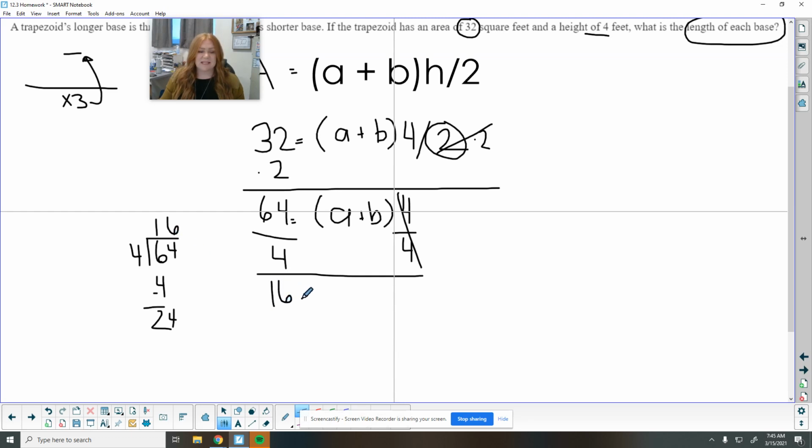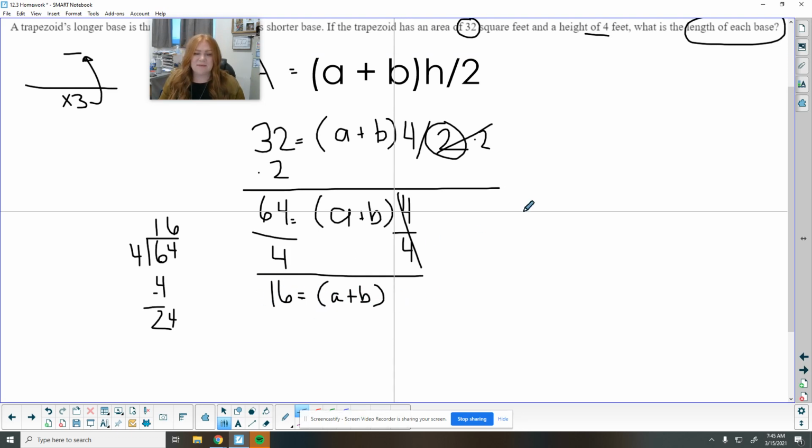So here we've got 16 equals A plus B. We know when we add A and B together, they've got to equal 16. And one of them, A or B, it won't matter which, has to be 3 times bigger than the other number.